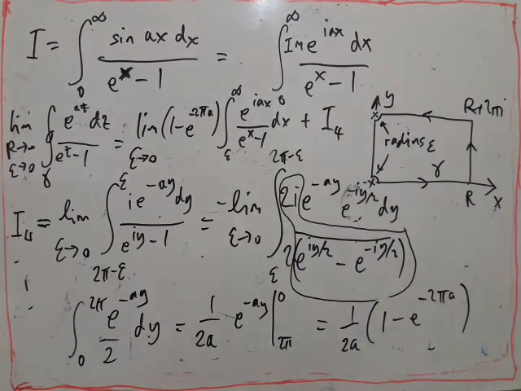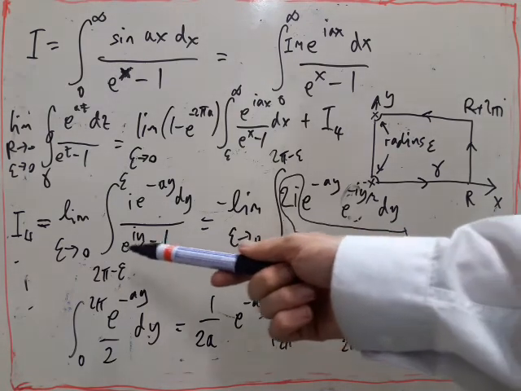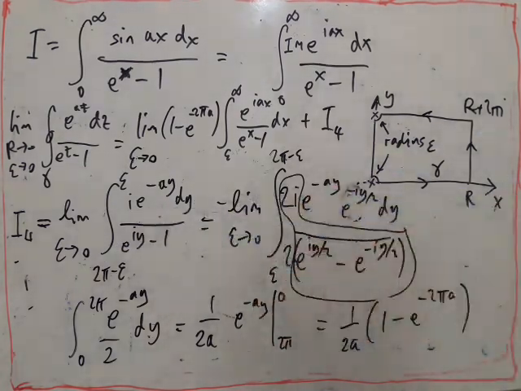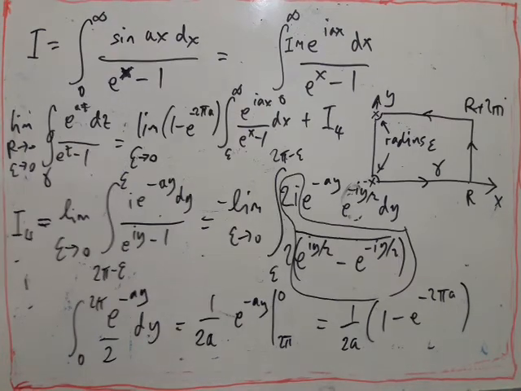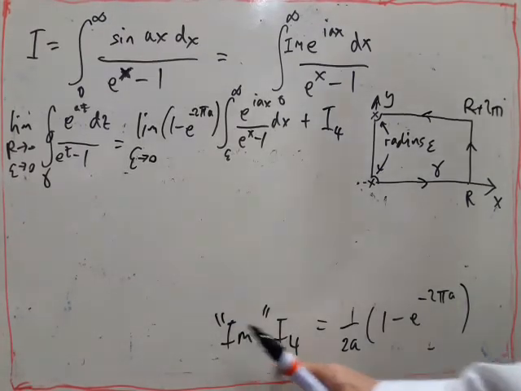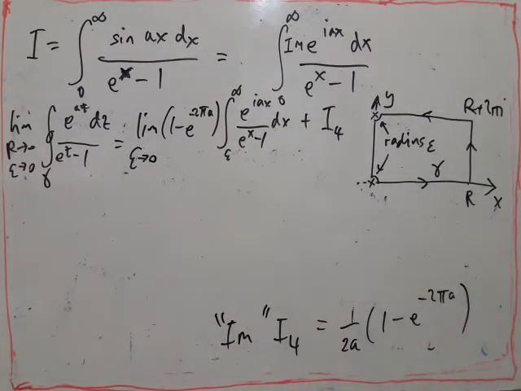So this is not I4, it's the integral of the imaginary part of the integrand of I4 when you do the integral. So I'll just write what I mean as the imaginary part of I4.